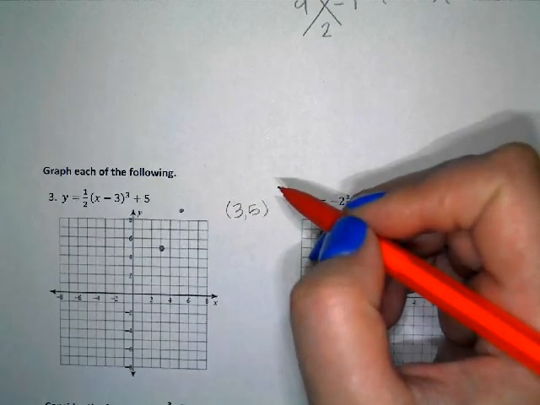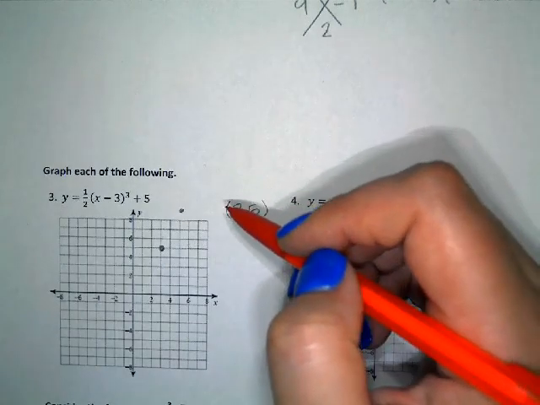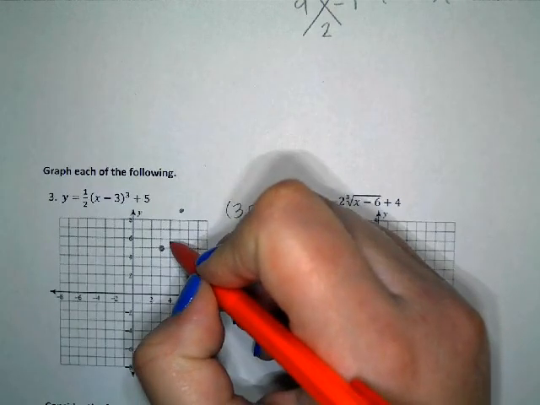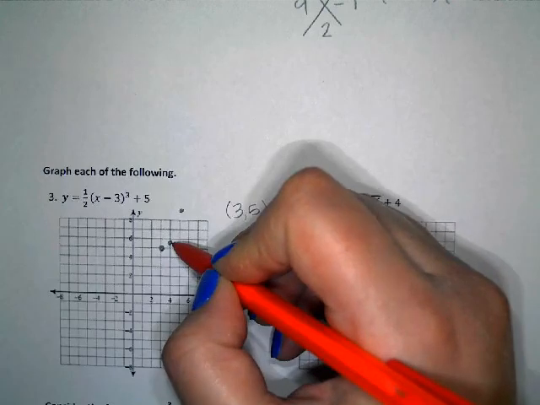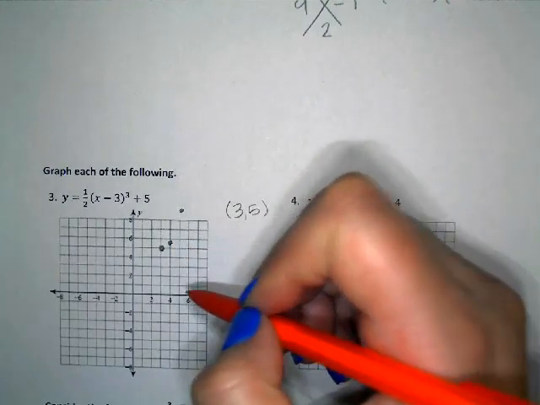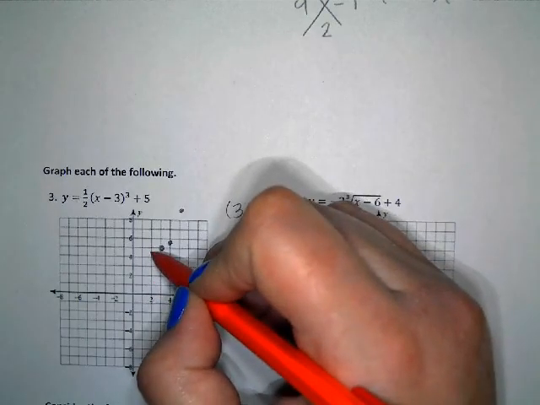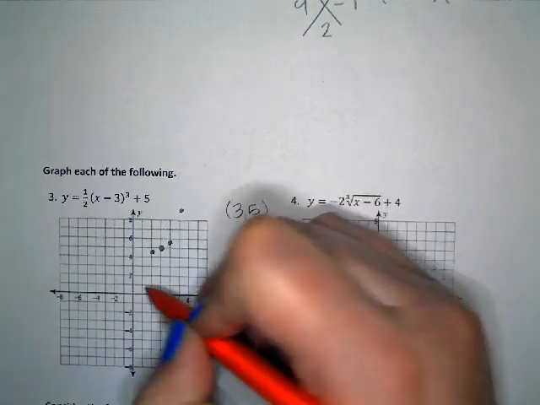But there's 5, 9. I graphed it up here. We've got 4 and 5.5. 4, 5.5 is right there. We've got 2, 4.5 right here. And then we've got 1, 1.